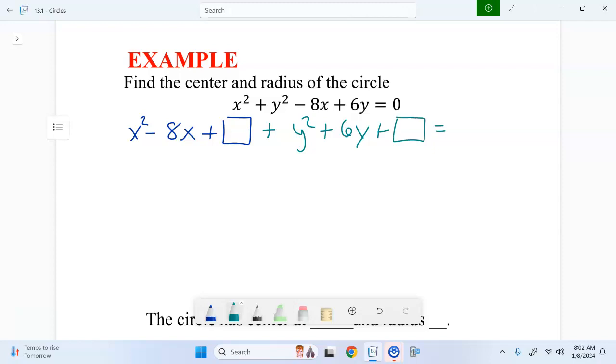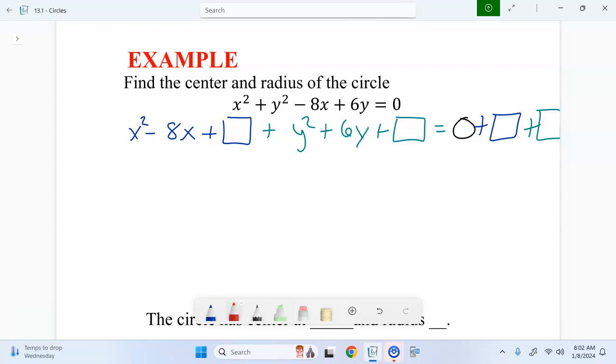And then we have 0 plus something, plus something. So rearrange it, group your x's, group your y's, add your boxes, make sure you put 2 on the right side, make sure your constant is on the right if you have one.